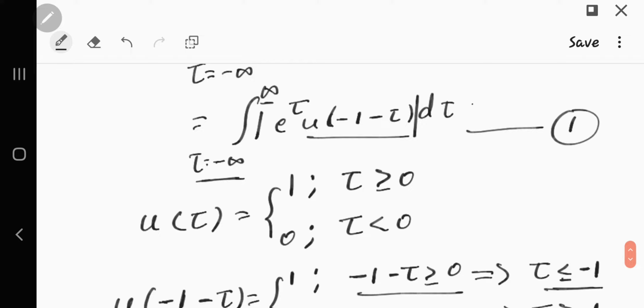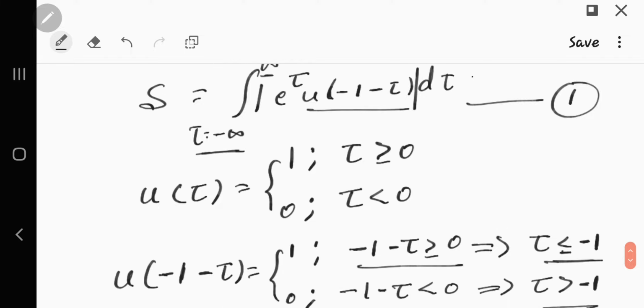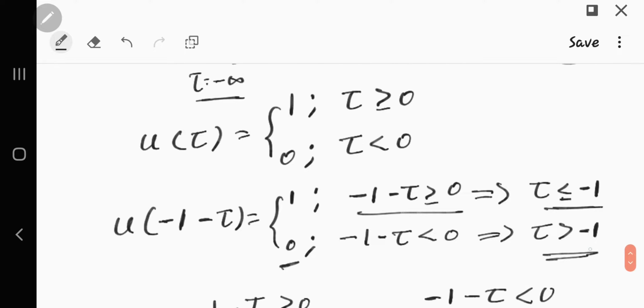Just for simplicity, give an equation number for this. Now for tau less than or equal to minus 1, u of minus 1 minus tau will be 1. So that means our limit varies from minus infinity to minus 1. For values of tau greater than minus 1, u of minus 1 minus tau will be 0.